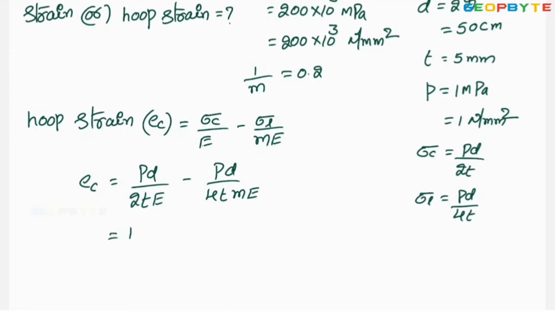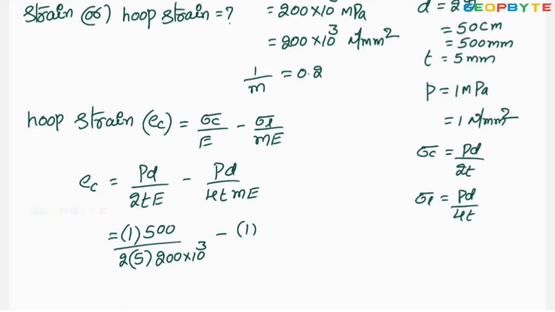P equal to 1. Diameter is given 50 centimeters is equal to 500 mm. 500 divided by 2 into thickness given 5 into E 200 into 10 raised to 3, minus P equal to 1, D equal to 500 divided by 4 into T 5, E 200 into 10 power 3, into 1 by m.